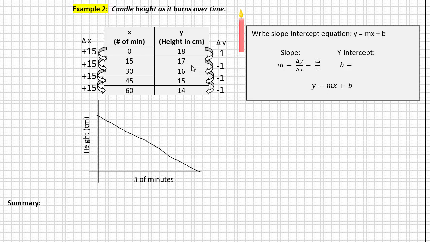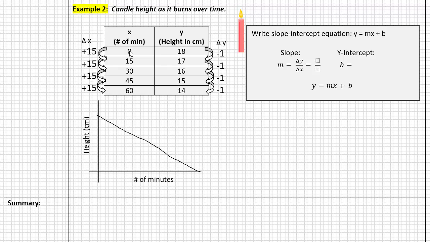Alright, how'd you do? What I noticed here in the table is that the change in y, the height, was decreasing by 1 centimeter each time, because it went 18, minus 1 is 17, minus 1 is 16, and continued on. And the number of minutes was increasing at an increment of 15.